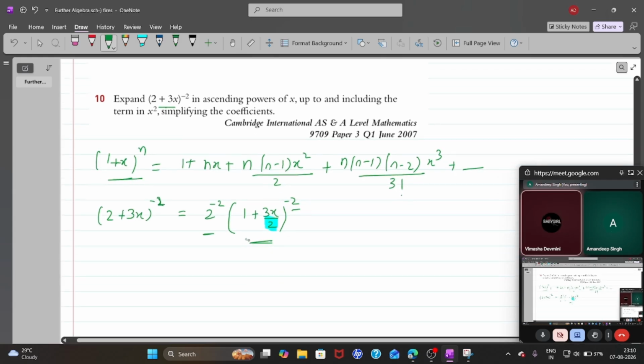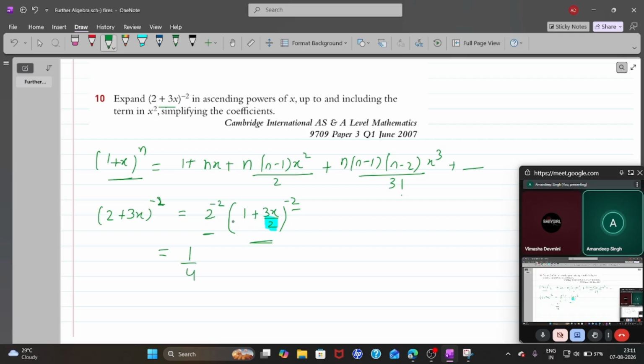Yeah. Okay. Then what I will do, I will expand it up to x square, and whatever expansion I have, I will multiply it by 1 by 4, right? So for example, it is 1 plus minus 2 into 3x by 2, and minus 2 into minus 2 minus 1, into 3x by 2, sorry, plus 3x by 2 to the whole square, divided by 2.